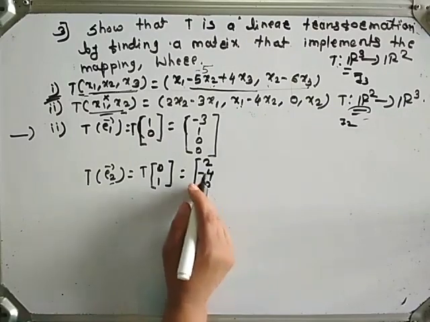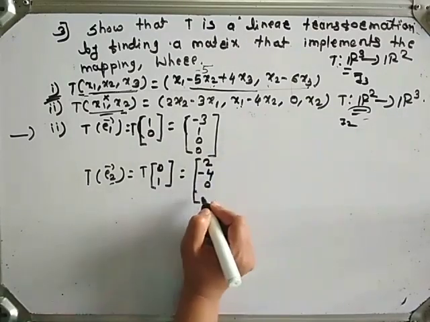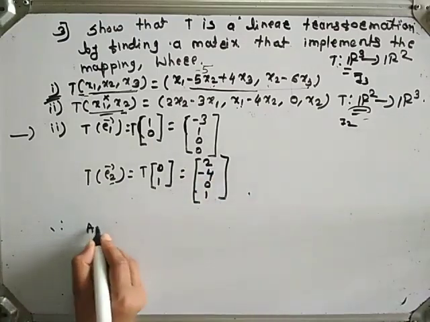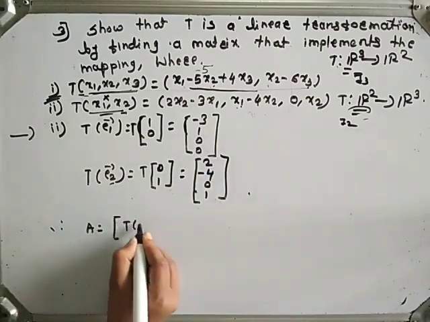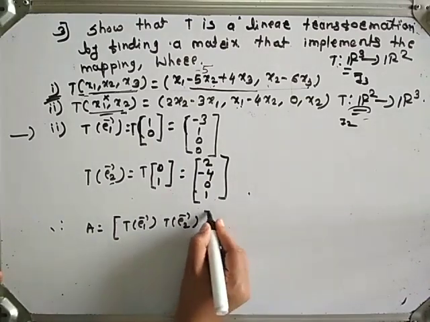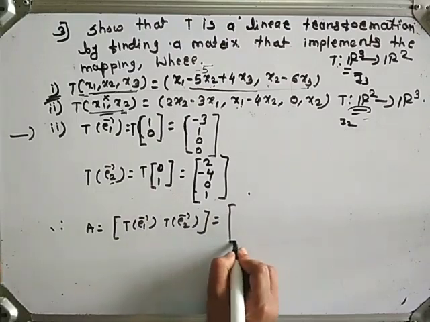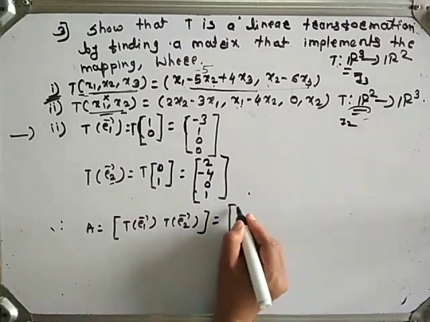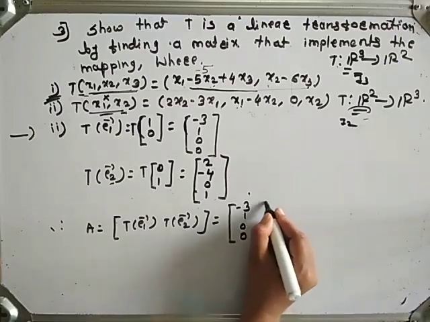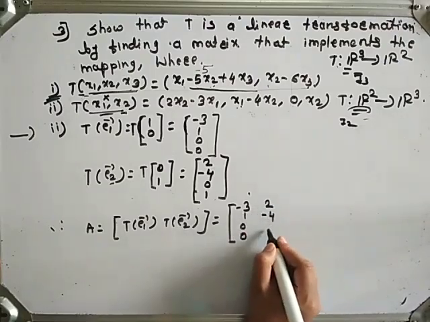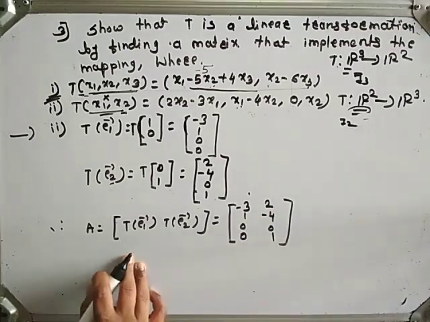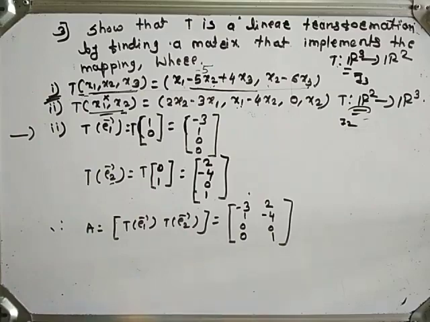Next entry is 0 and next entry is 1. We know that standard matrix A is equals to matrix T of E1 bar, T of E2 bar, which is equals to matrix minus 3 1 0 0 2 minus 4 0 1. This is the standard matrix for given linear transformation.